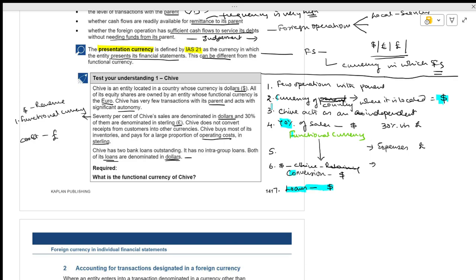Whenever there is a conversion, what will happen? It does not convert receipts from the customers into other currency, meaning they are retaining the same currency.